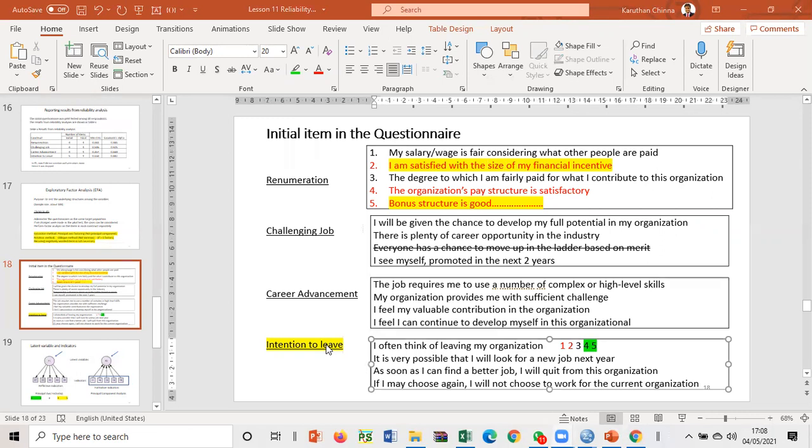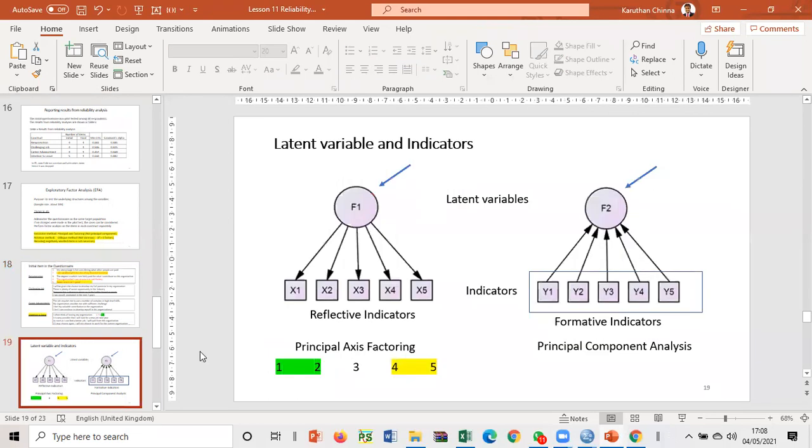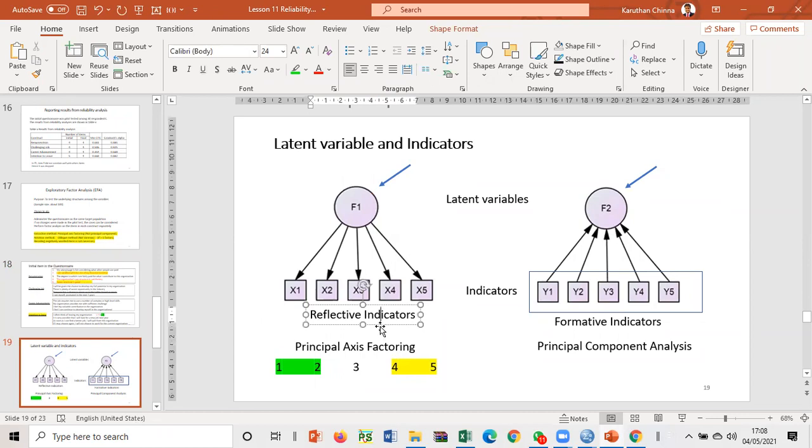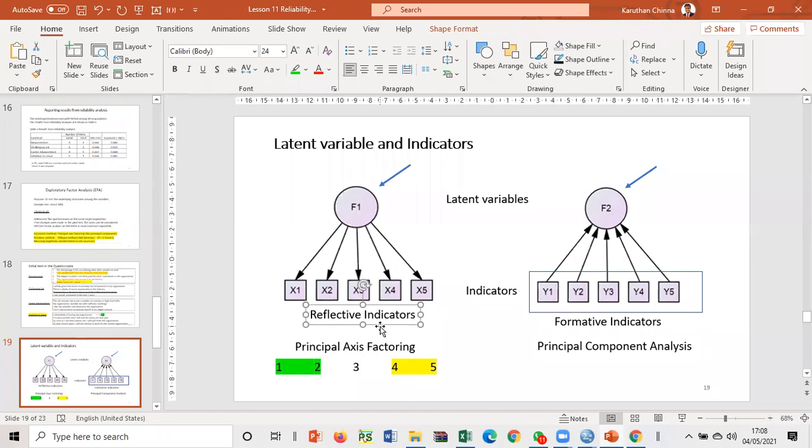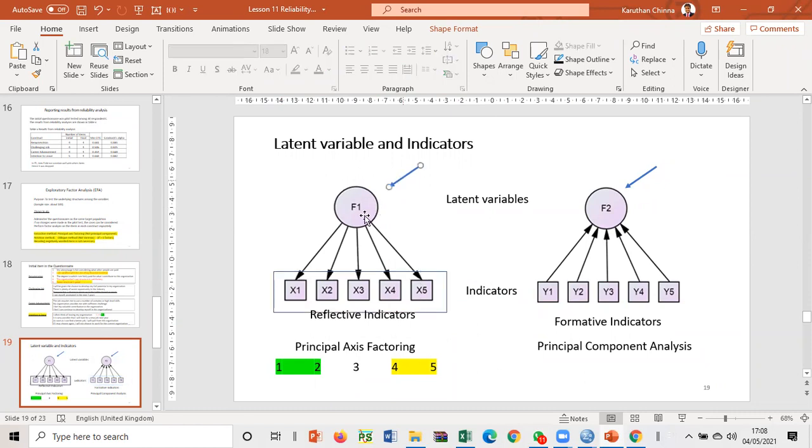So intention is inside the head. How do we measure it? We prepare a questionnaire like this, and we call them indicators, and these are called reflective indicators. So basically, we want to know what is inside the head. It will be assessed based on what kind of response the person gives. A positive response, then the person may stay.